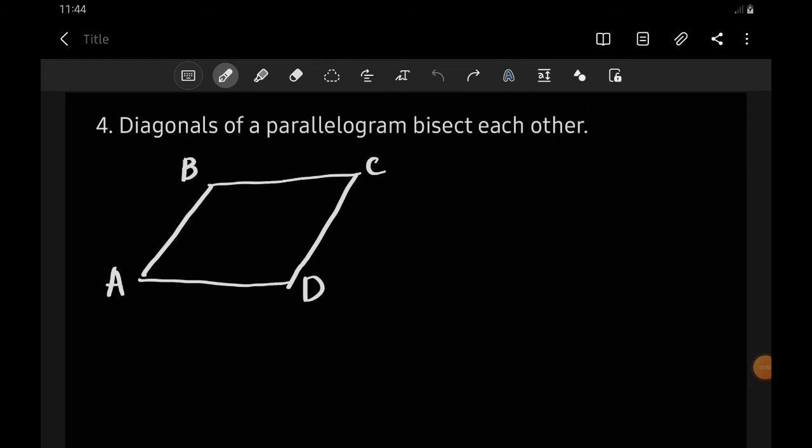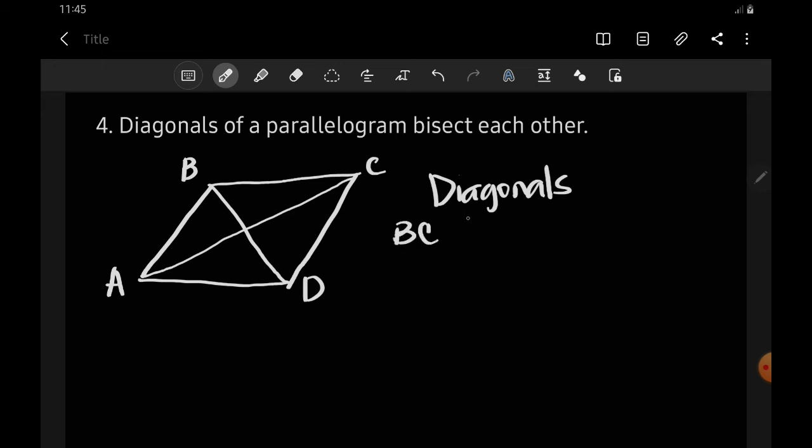Fourth property is diagonals of a parallelogram bisect each other. The diagonals here are BD and AC. Those are the diagonals. When we say bisect each other, meaning hinahati into two equal parts.